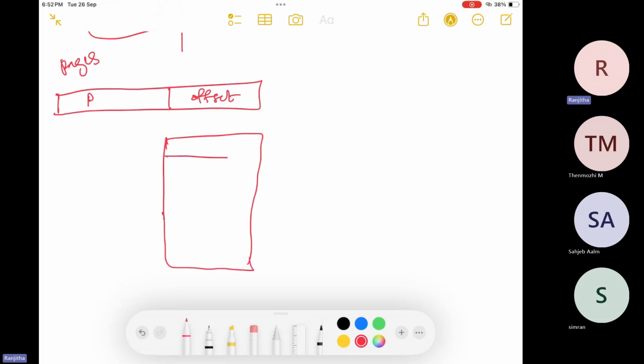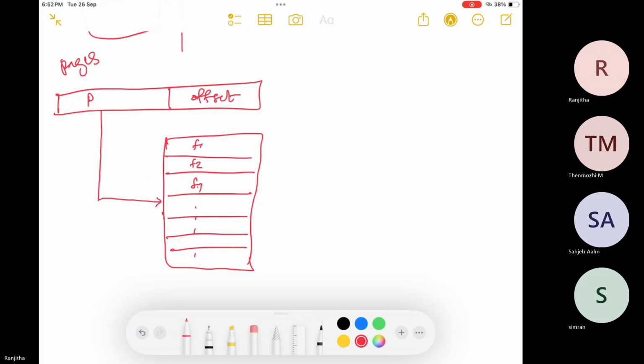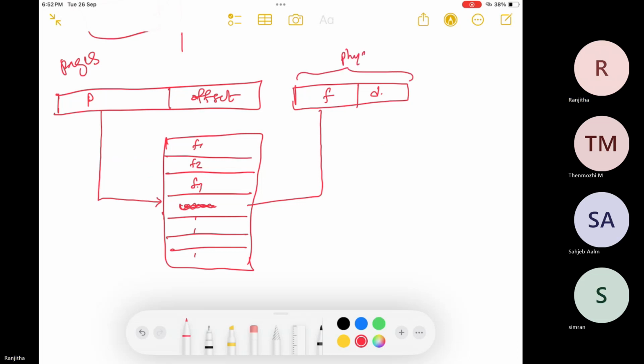The page table will have entries which tell us the mapping between the pages and the frames, with frame numbers F1, F2, F3, etc. So we look up here, whatever frame number is written here will be retrieved, and it becomes F plus D. This forms the physical address, and using this physical address, we access the physical memory.